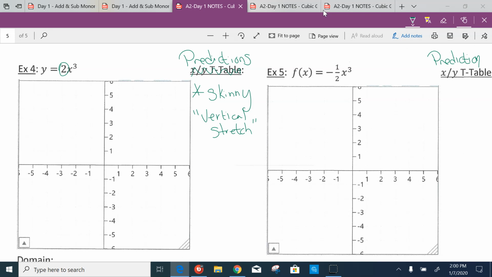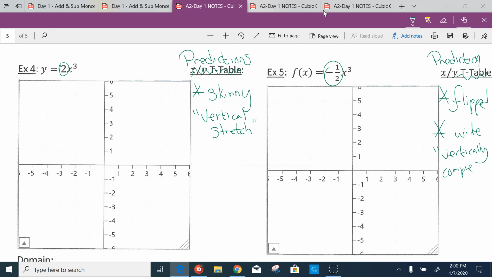For number 5, my prediction is going to be, since I have this negative 1/2, there's going to be 2 predictions. It's going to be flipped. And it should also be wide. Wide means I took your head and your feet and I vertically compressed them.